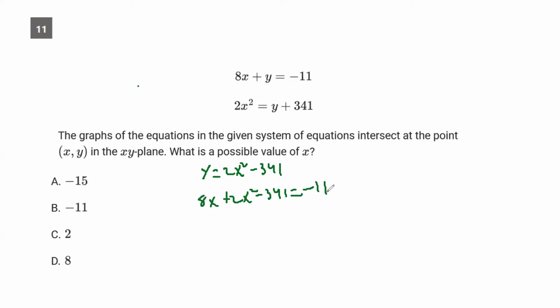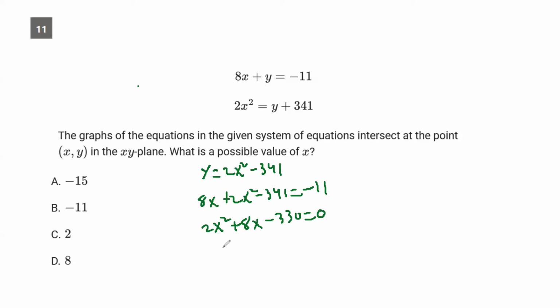I plugged into the first equation, and now I'm going to add 11 and move everything around to make it into the regular form: 2x squared plus 8x minus 330 equals 0.